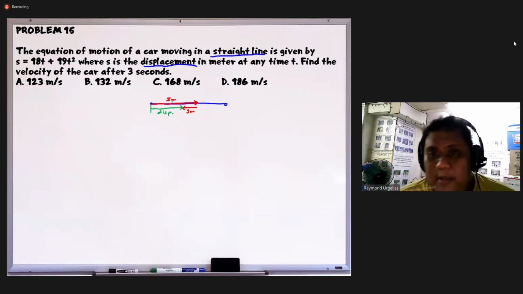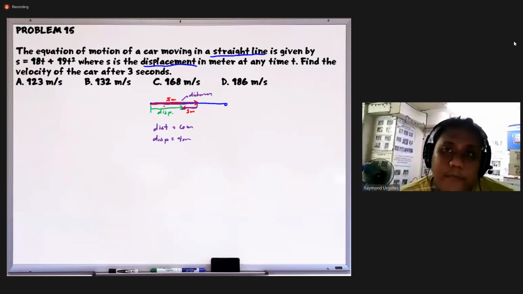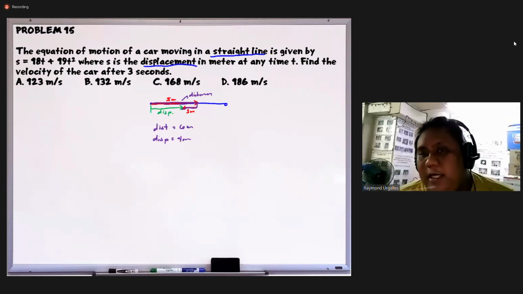Pero yung na-cover mo, mula dito hanggang dito, yung total distance na na-cover, yun yung tinatawag natin na distance. Kaya i-compare natin dito, yung distance is equal to 6 meters, whereas the displacement is just equal to 4 meters. Yun yung difference ng distance sa displacement.